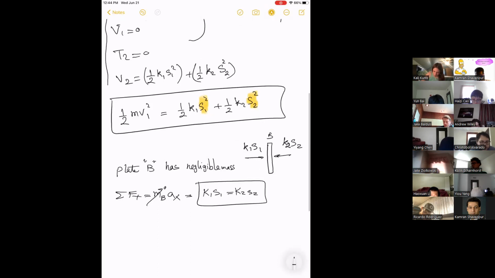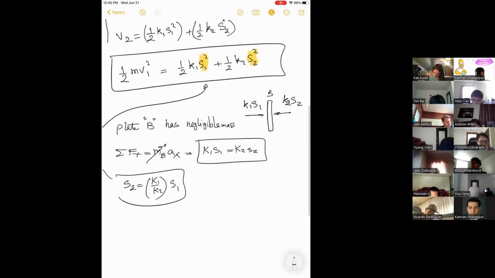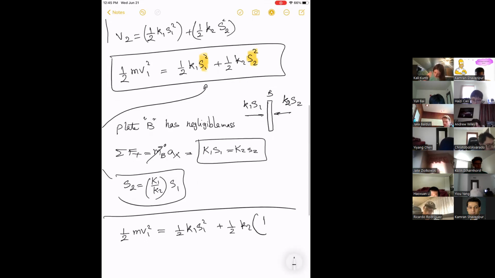For example, from here you can calculate S2 is K1 over K2 times S1. Substitute it here to get half mv1 squared equals half K1 S1 squared plus half K2 times (K1 over K2 S1) squared.